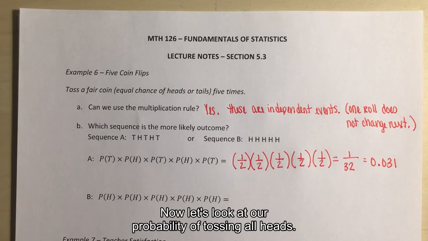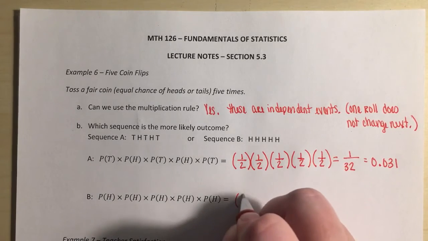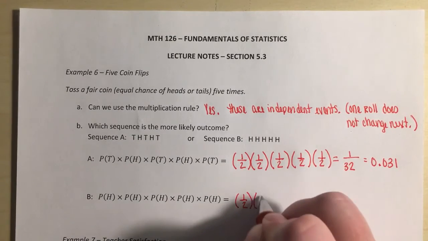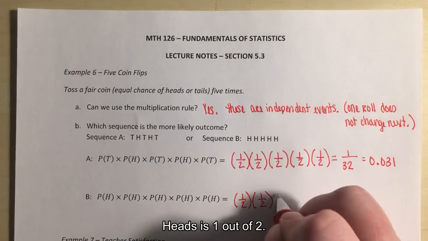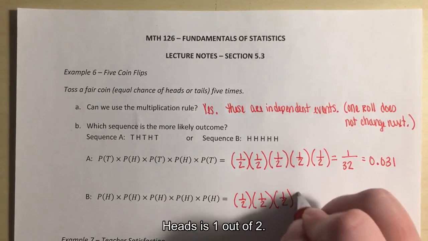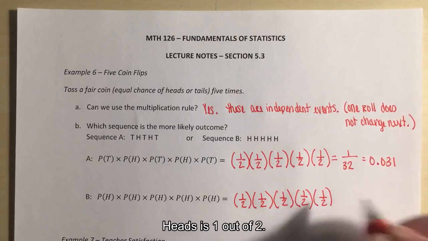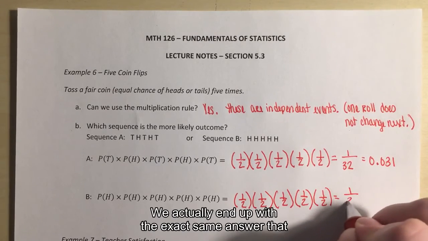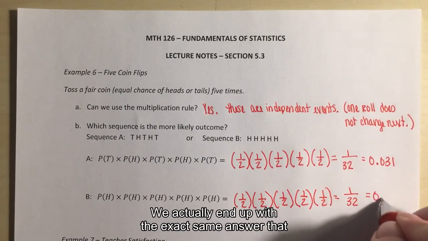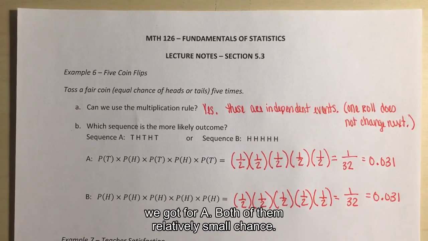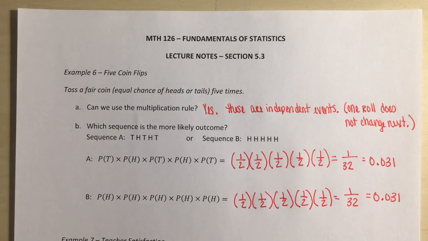All right, now let's look at our probability of tossing all heads. Heads is 1 out of 2, five times over. We actually end up with the exact same answer that we got for A. Both of them, relatively small chance.